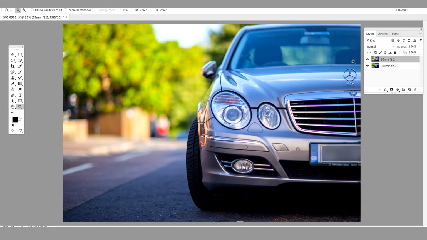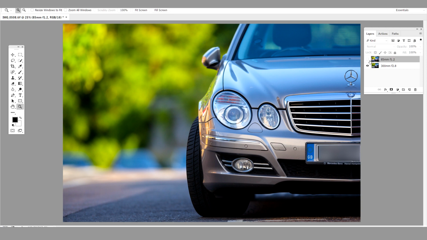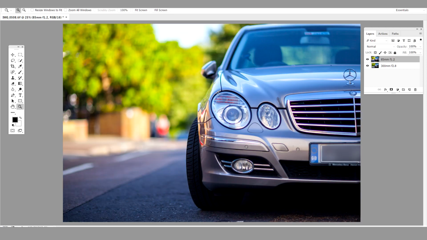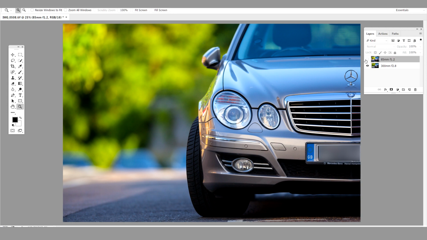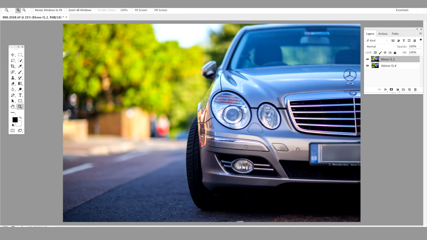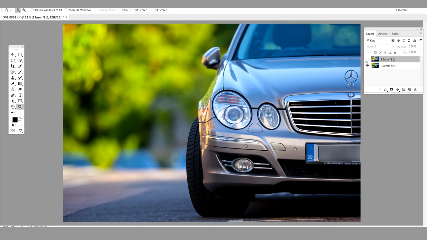So this one was taken at 85mm and this one was taken at 300mm. As you can see, the light is pretty similar, I mean in the size. It was quite difficult to catch the same distance, the same point of view. So this one is 85mm at 1.2 and this picture is 300mm at 2.8.